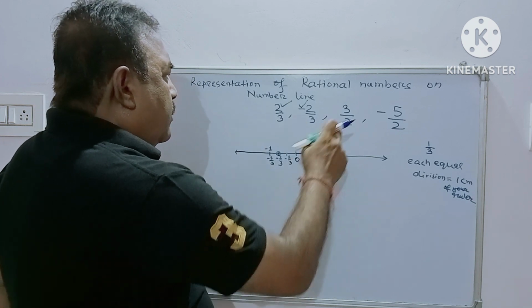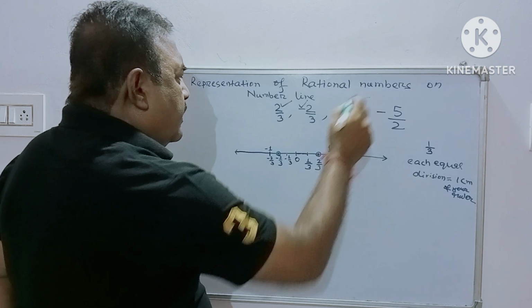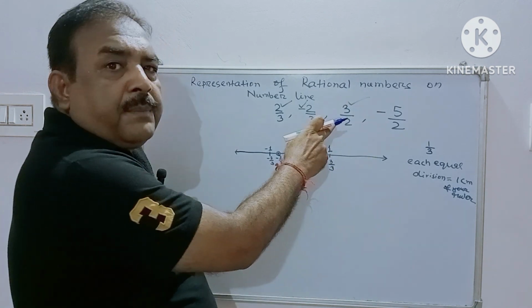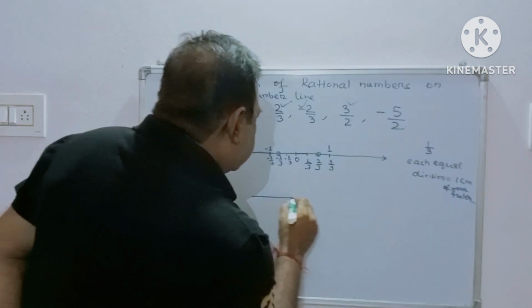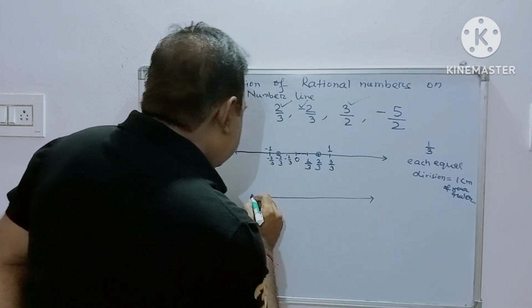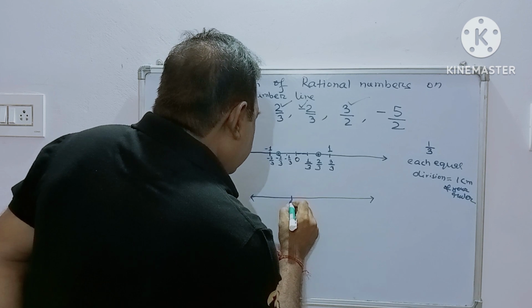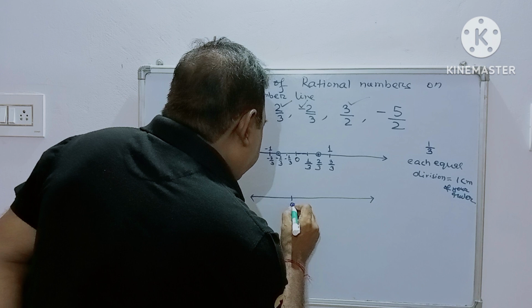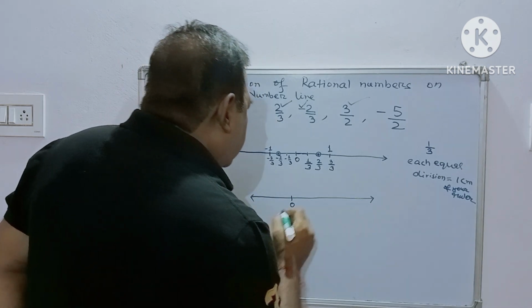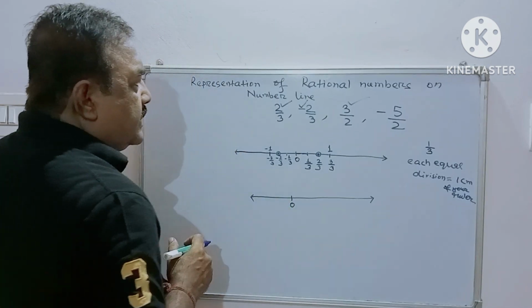Then you see, we will represent the number 3 upon 2 on the number line, using a ruler like this. Mark a point, label it as 0, and we have to create the unit distance.